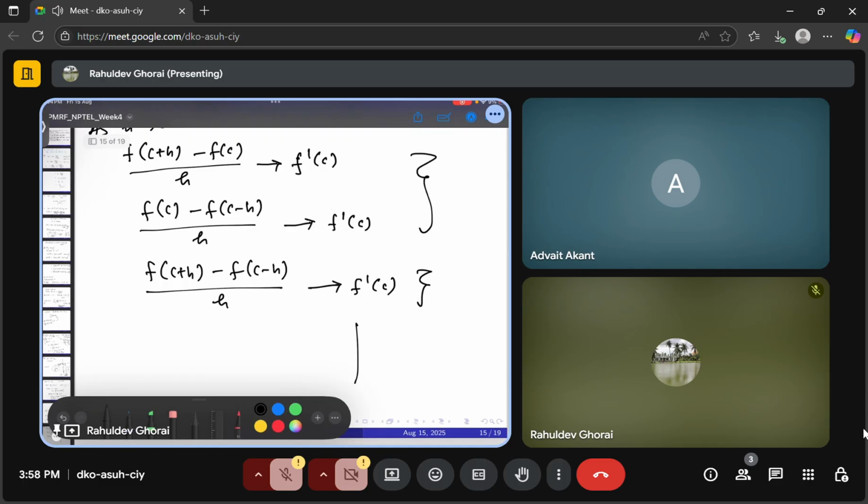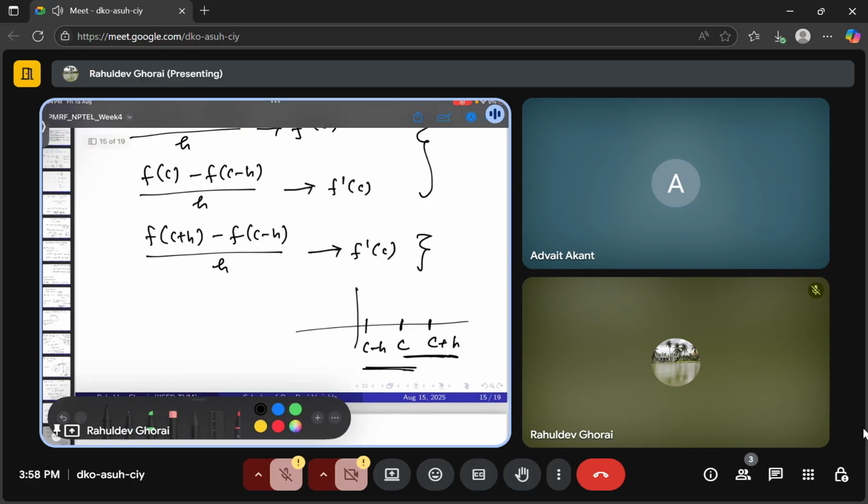You have a function, a point c, and then you have c plus h and c minus h. First you can consider c and c plus h. Also you can consider c and c minus h, two points only. Also you can consider only c plus h and c minus h.